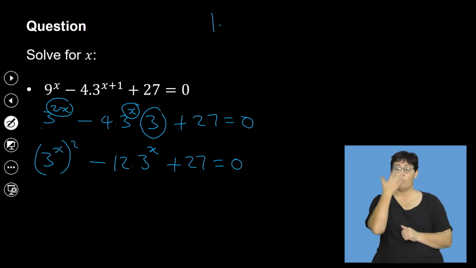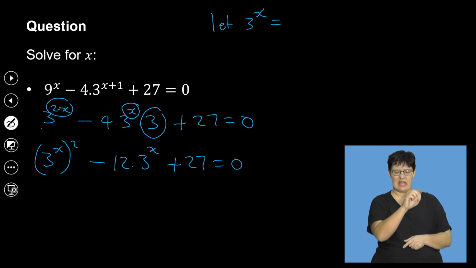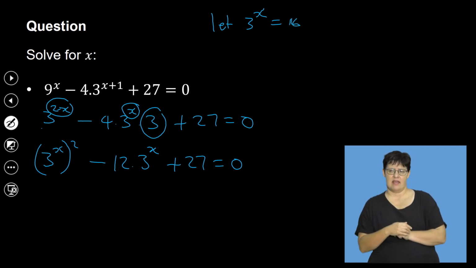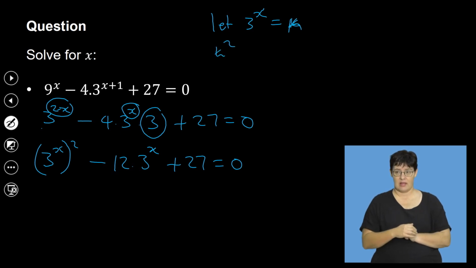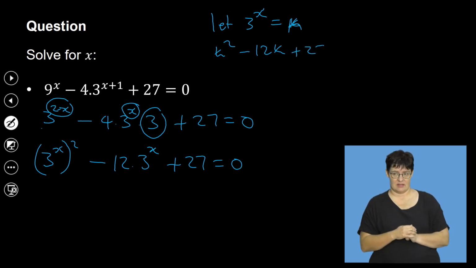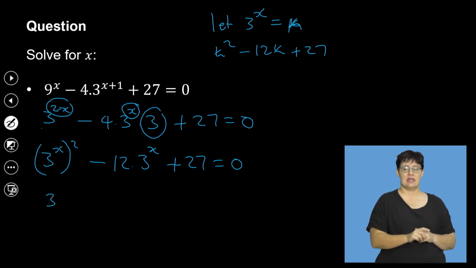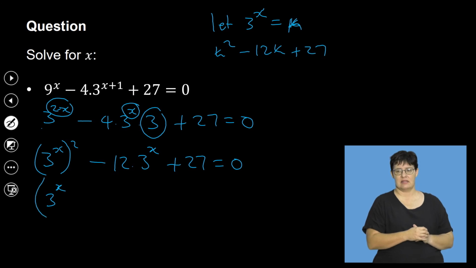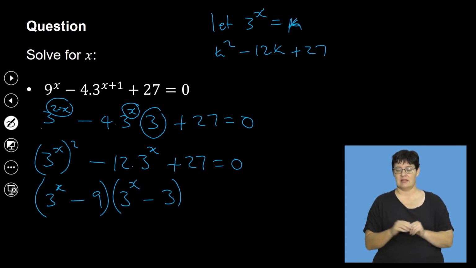And then you know, I said if you do not know what to do, you can say let 3 to the x equal to k. It means that if you let this be equal to k, this will be k squared minus 12k plus 27. You can now factorize this, right? To factorize this, it will be 9 and 3. So this will be 3 to the exponent of x minus 9 into 3 to the exponent of x minus 3, right?